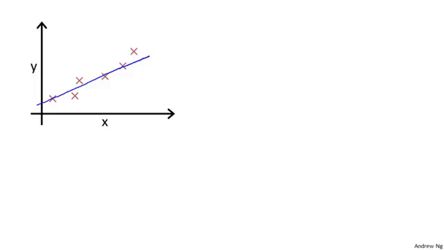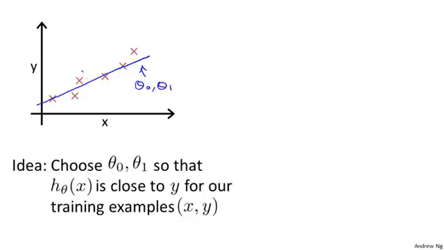So how do we come up with values theta 0, theta 1 that correspond to a good fit to the data? The idea is we're going to choose our parameters theta 0, theta 1, so that h of x, meaning the value we predict on inputs x, is at least close to the values y for the examples in our training set, for our training examples.